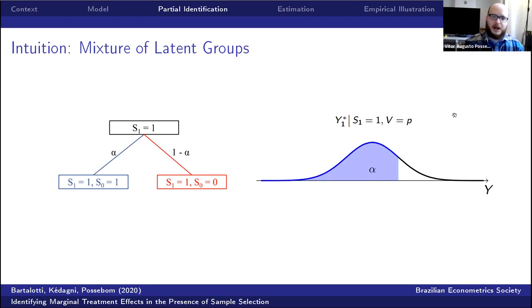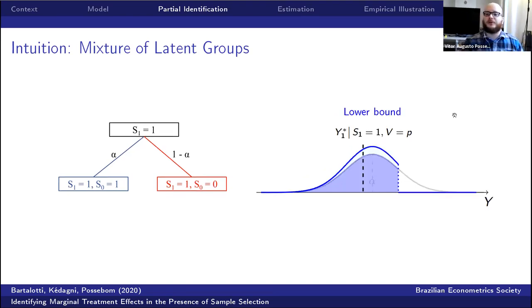The population we care about, the always employed population, might have the worst wages within the group that is employed when treated. In this worst case scenario, we can derive a lower bound for the CDF of the always employed group using a trimming distribution. So basically, we take the point identified distribution in black, and we discard its right tail.